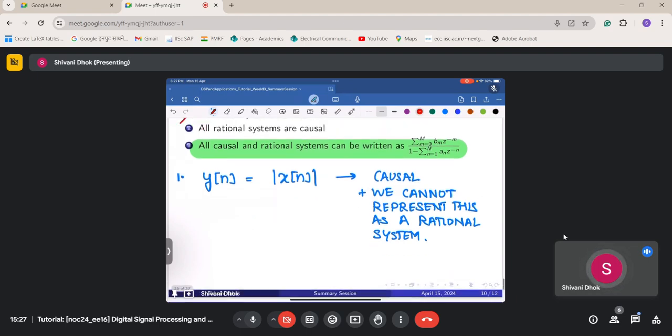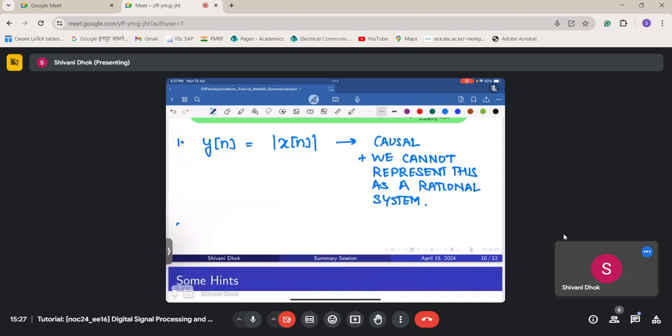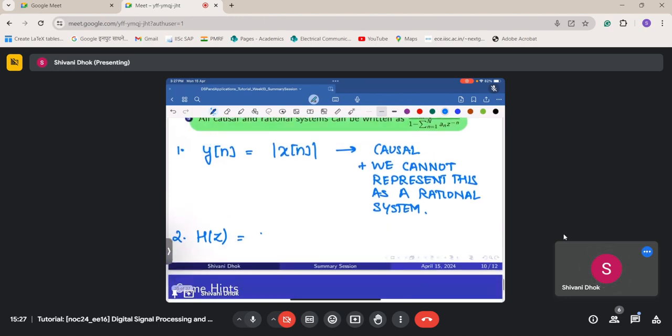The second one is all rational systems are causal. For that, let us consider a rational example of a transfer function. Let us consider H of z as z plus half plus z inverse.